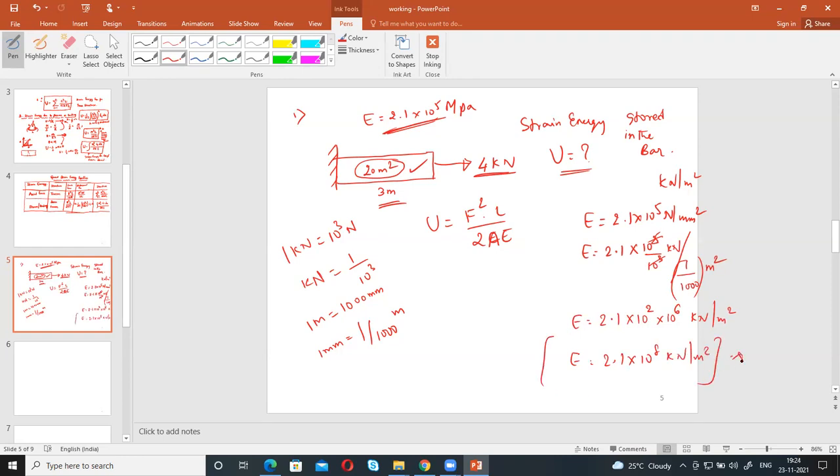This is very, very important. Yes, all of you getting this? It is 1 by 1000 square. If you take it on the above, you will get 10 power 6. So now substitute the values and tell me what is the strain energy.